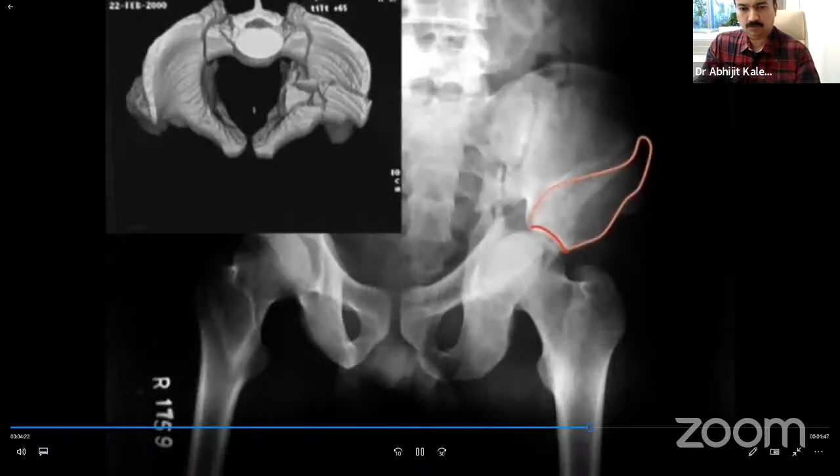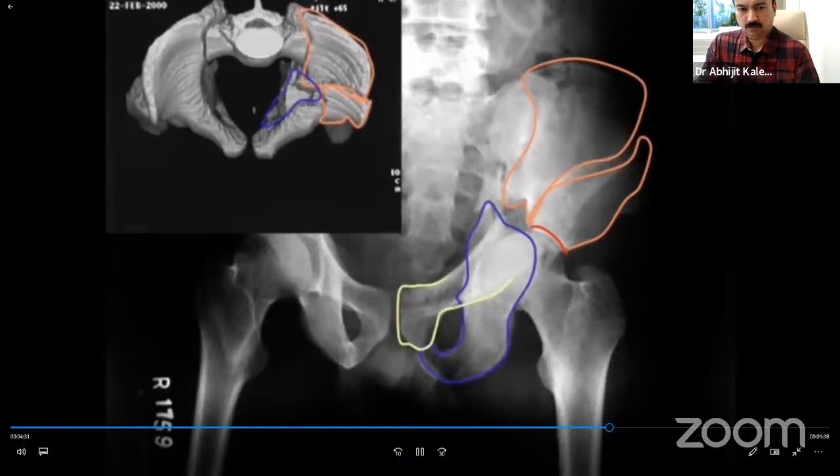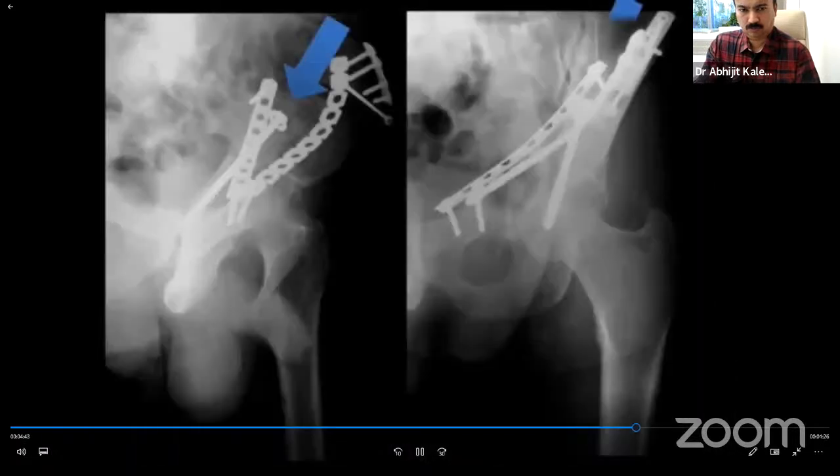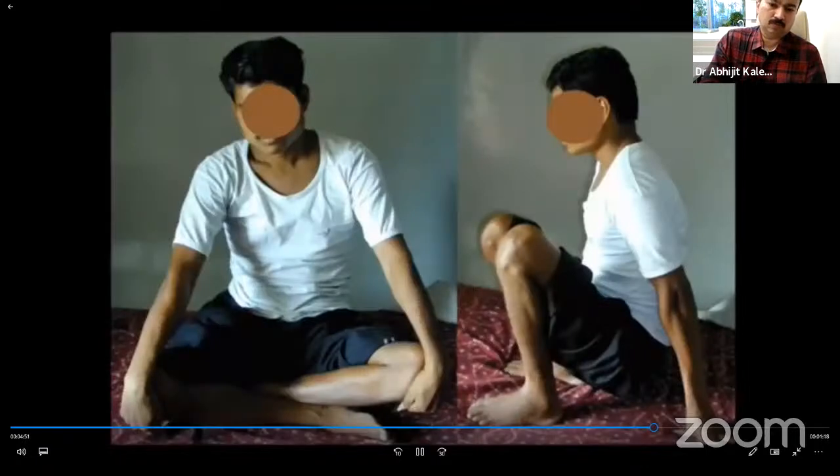Fourth column fracture, which was fixed only by anterior approach to fix both the columns. And the final function.